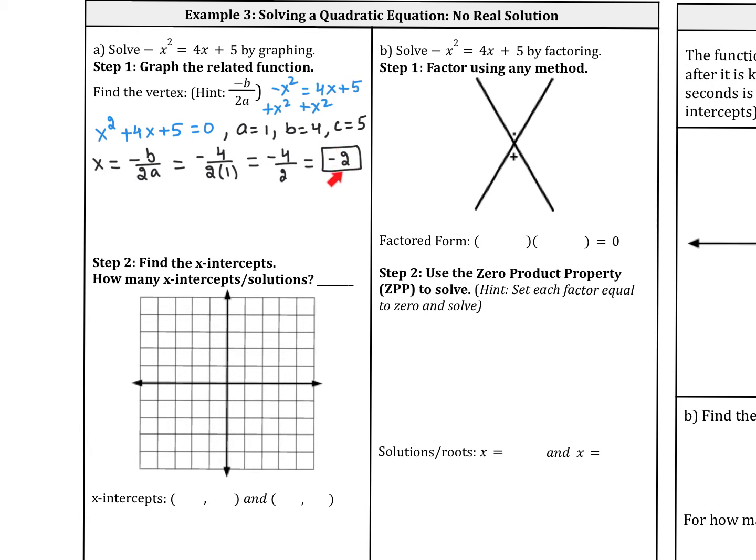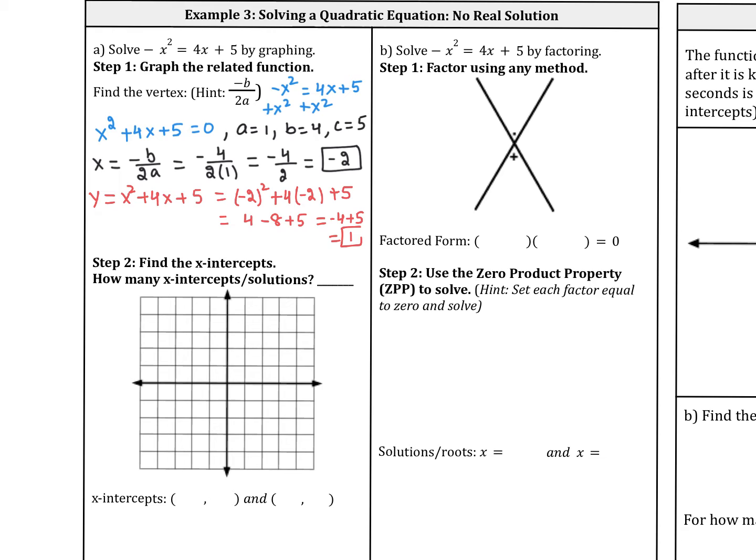You're going to use this x value, negative 2, and plug it in here to find y. So to find y, you use this equation and plug the x value in to find the y value, and that's going to be 4 minus 8 plus 5, and that's negative 4 plus 5, which is 1.